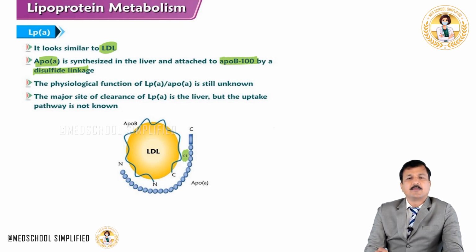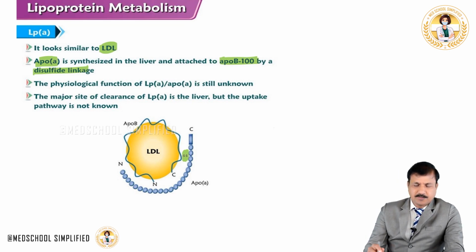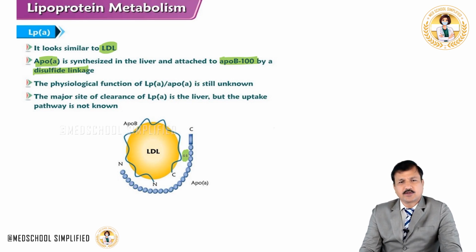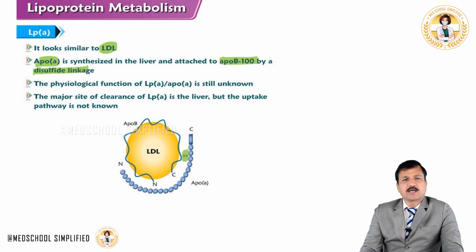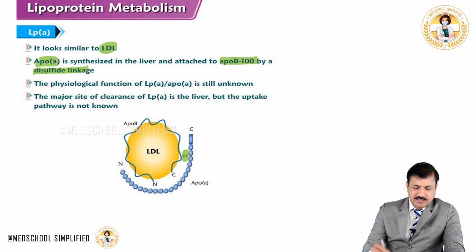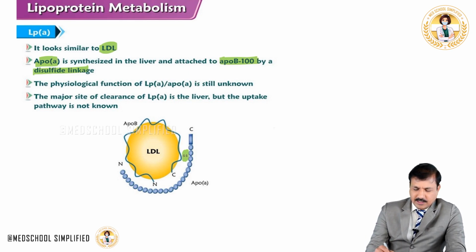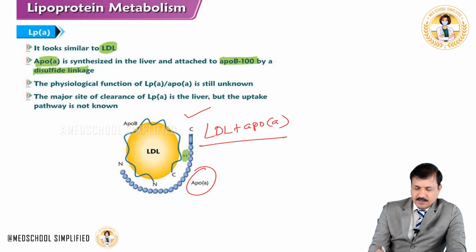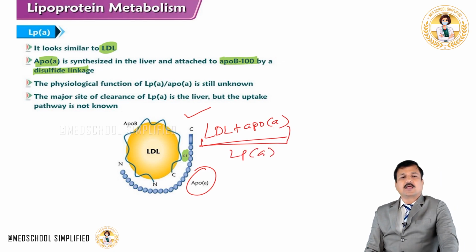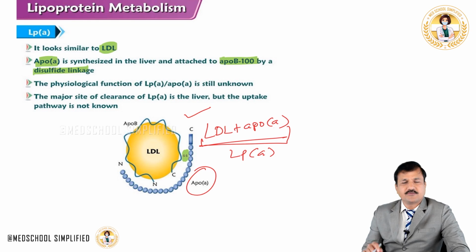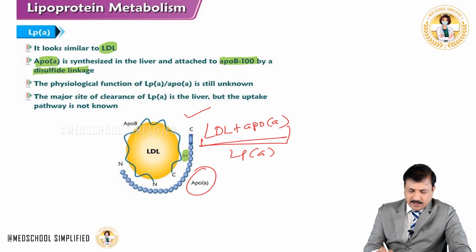ApoB100 is present on the LDL molecule, and apo-A is attached to that LDL. So the structure shown here for lipoprotein A is LDL plus apo-A.